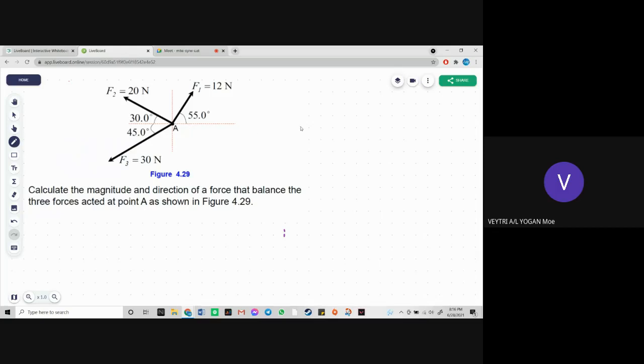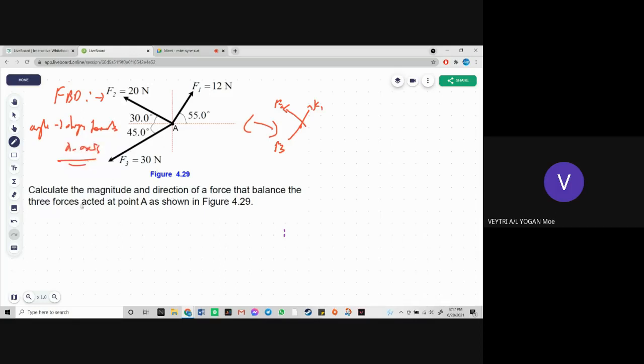It's up to you to redraw the free body diagram, F1, F2, F3, because it's going to be the same thing as this, since it is already given in the free body diagram. Okay, so you just follow whatever is needed. Remember, angle always towards the x-axis. Remember that, okay?